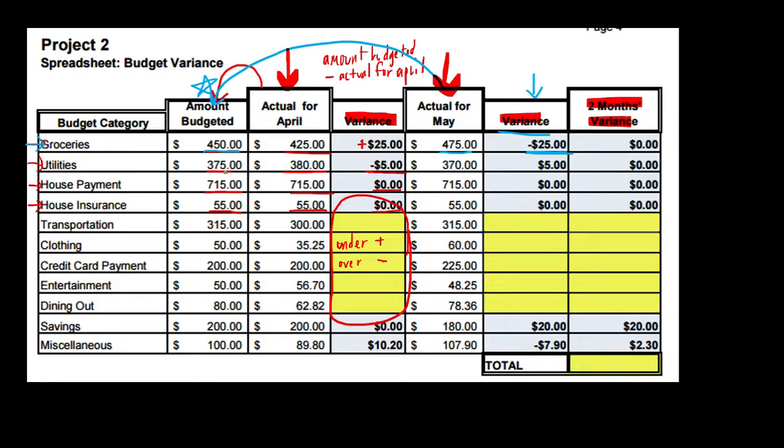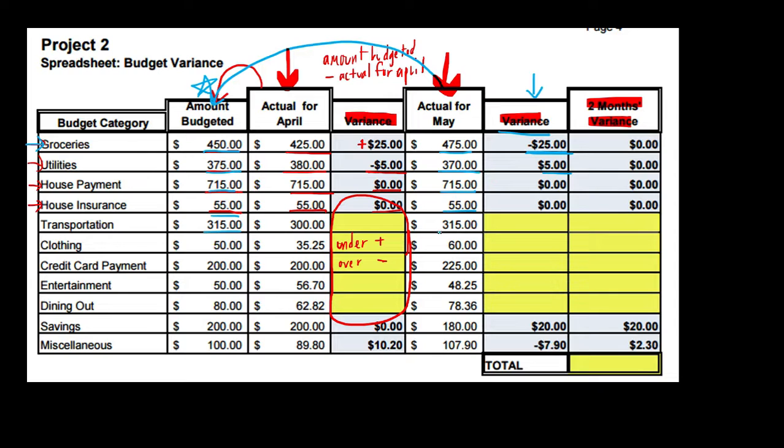For utilities, I budgeted $375 and spent $370. So once again, I came under budget, which means my variance is positive $5. And again, you would just continue down the line comparing these two columns.